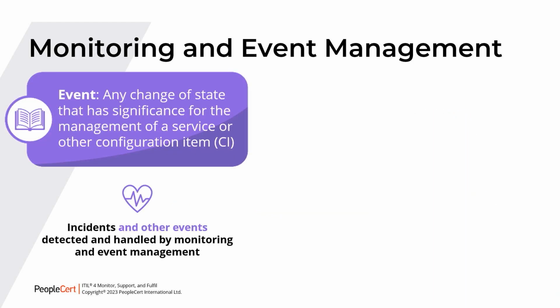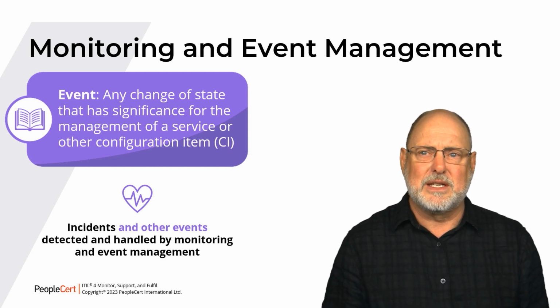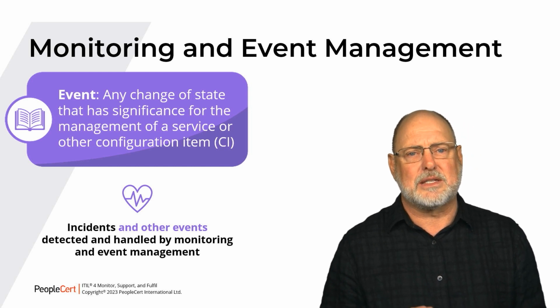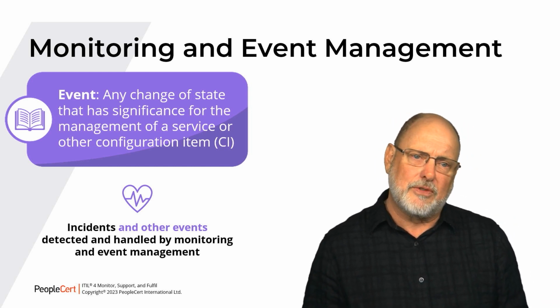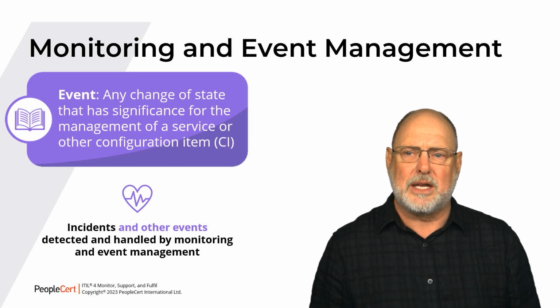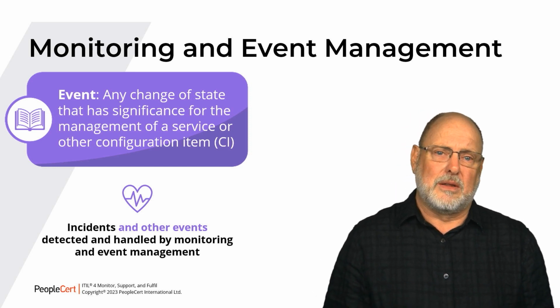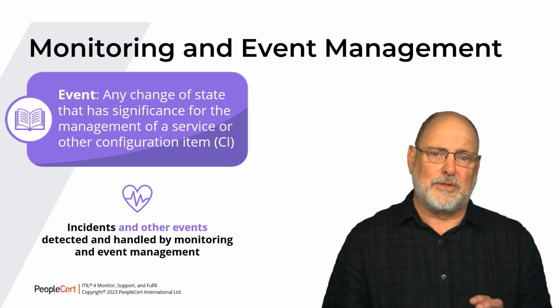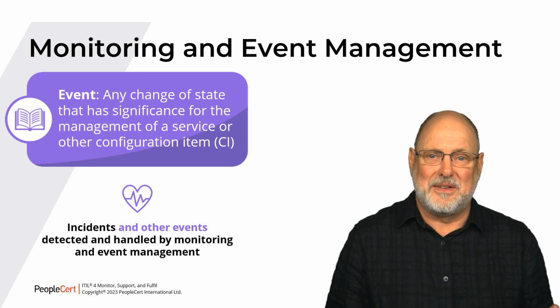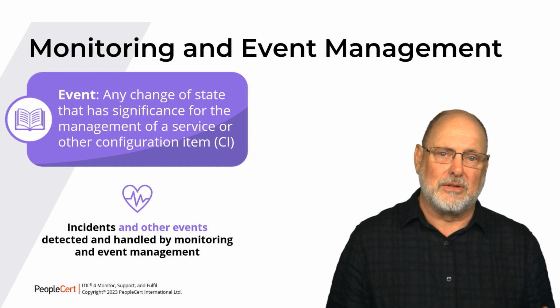So we mentioned that monitoring and event management has a role to play in detecting events and potentially incidents. So let's have a look at the definition of an event. An event is any change of state that has significance for the management of a service or a configuration item. Now, as you can imagine, or as you know, there are thousands of things that happen in an organization every single day.